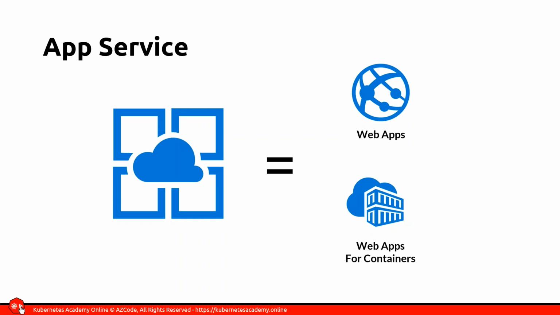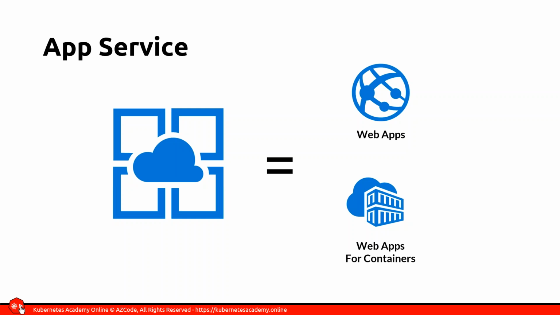So this is a platform as a service type of service. It's not an orchestrator like Kubernetes is. I like to tell people that App Service is like a little hammer, and Kubernetes is the big hammer that you can use for bigger nails, basically.